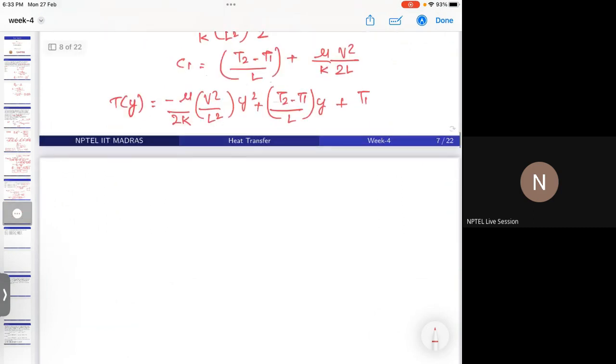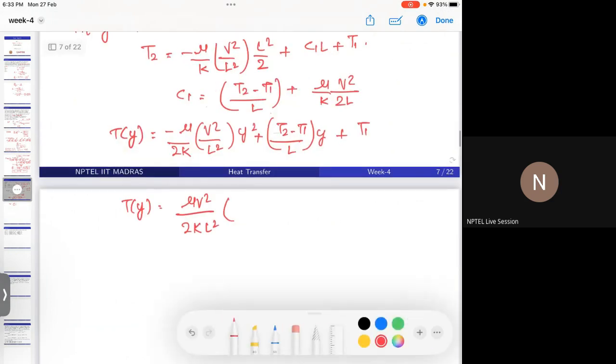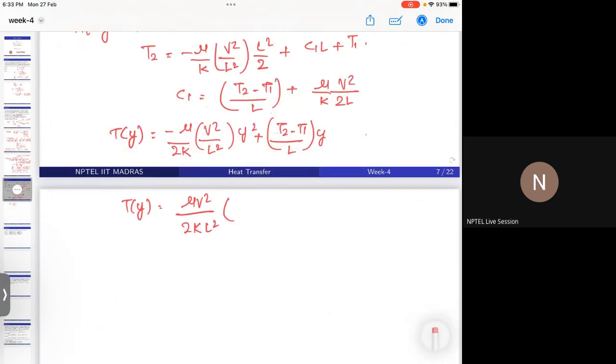Okay, if I'm rewriting it, you will get mu V square divided by 2K L square. I missed one term here.